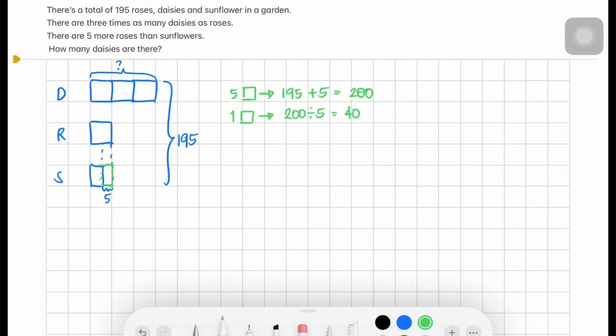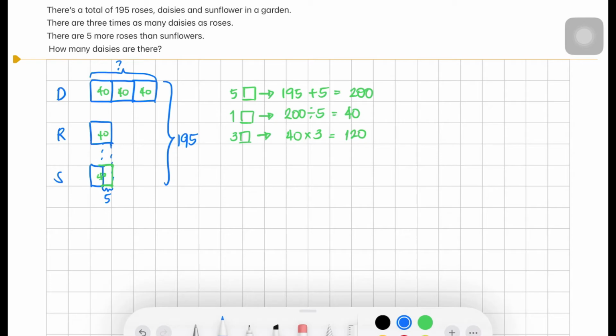Did we solve for daisies already? No, we haven't. So we know that each unit here is 40. How then do I get the daisies? The daisies are 3 units. So that will be 40 times 3, 120.